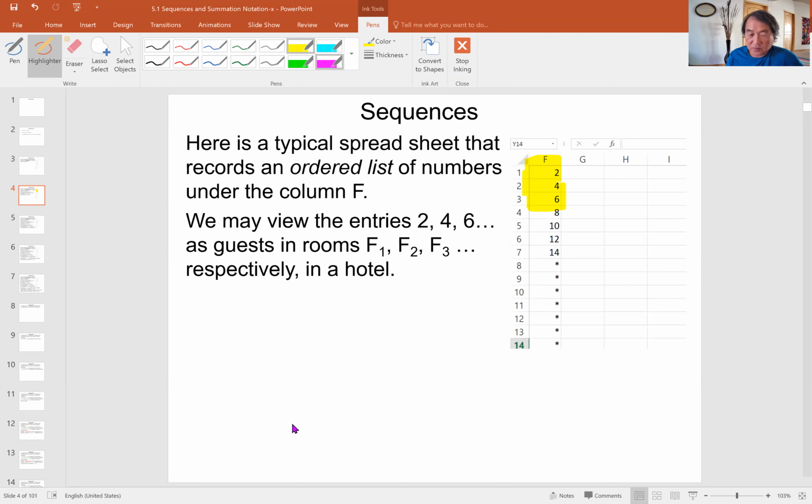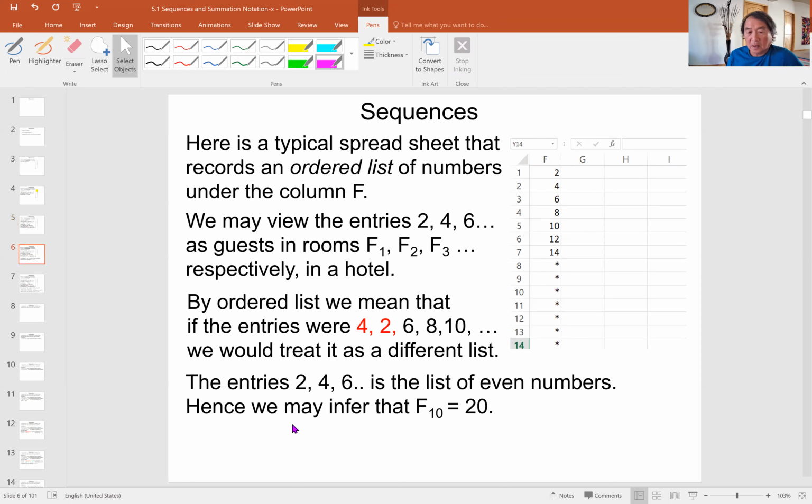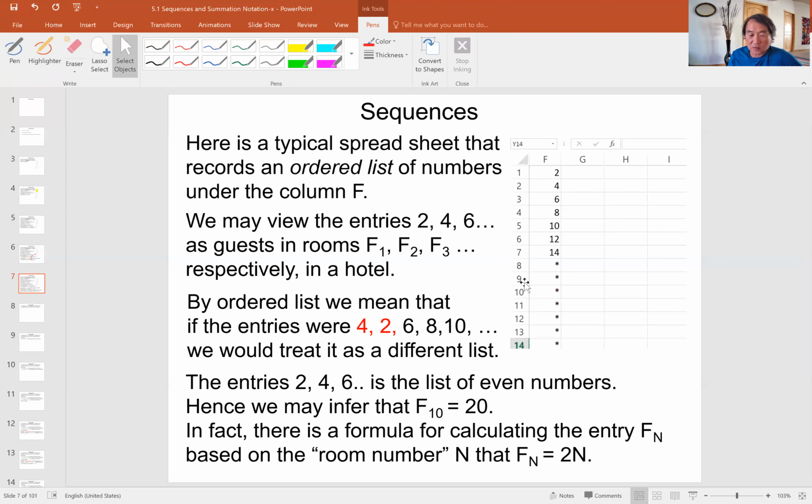In other words, if I were to switch the 4 and 2 around in the first two entries, that would be a different sequence, just because I swapped. We can actually use the numbers of the entries, which we call the index, to write formulas for the actual numbers stored.